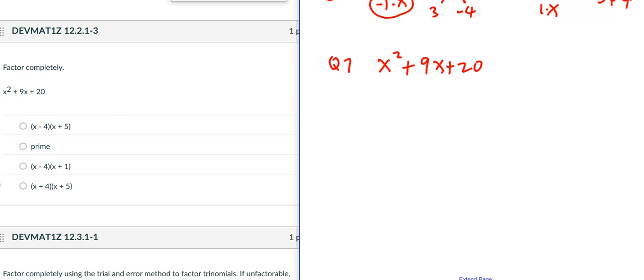the first terms are easy to write. X times x is x squared. Now 20 can be written as 1 times 20. If you put 1 here, 20 here, you add together, it is not 9. 20 can be written as what? 5 times 4, positive.